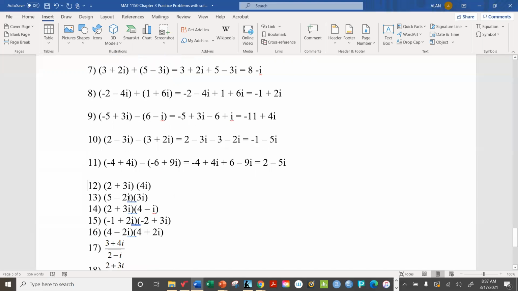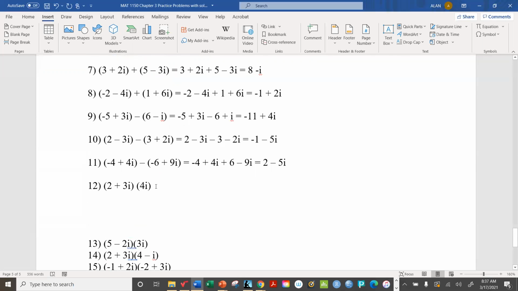Okay, now this one, these are products and ratios. All right, that's good. So here, for example, you're using the distributive property to multiply 2 times 4i plus 3i times 4i equals 8i plus 12i squared.